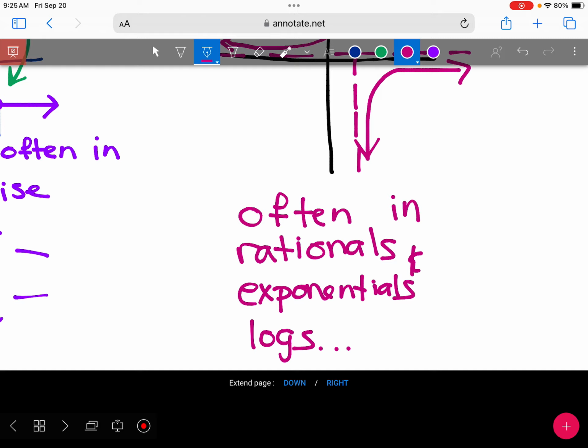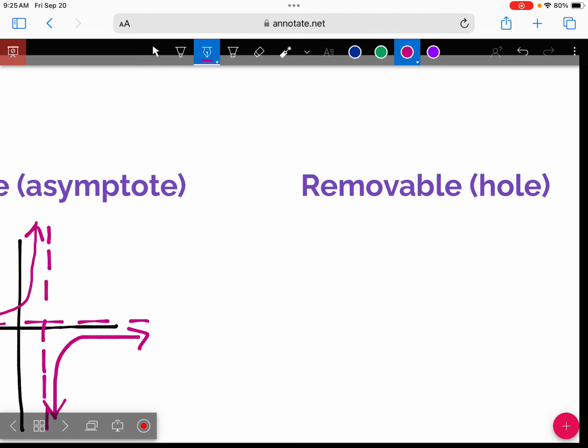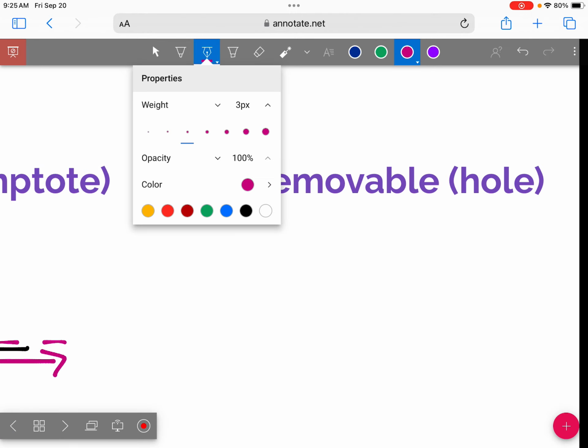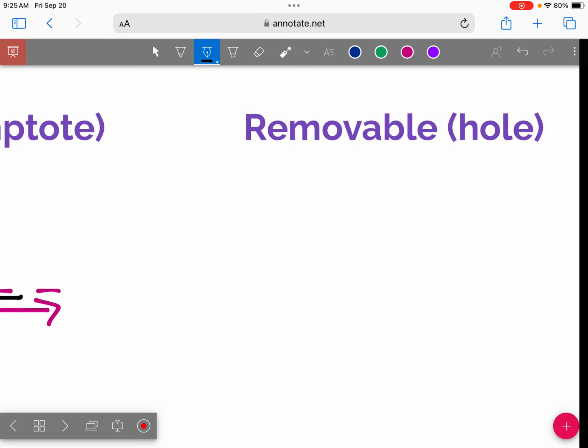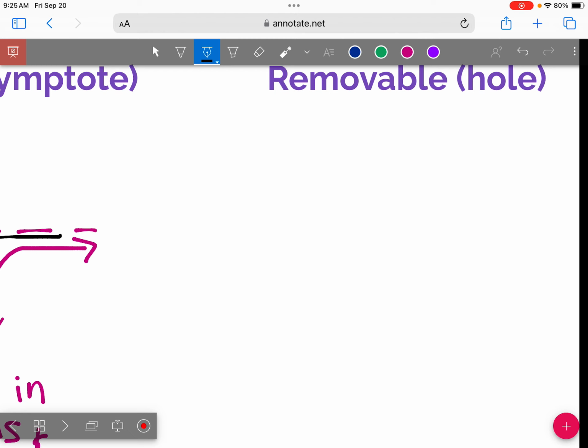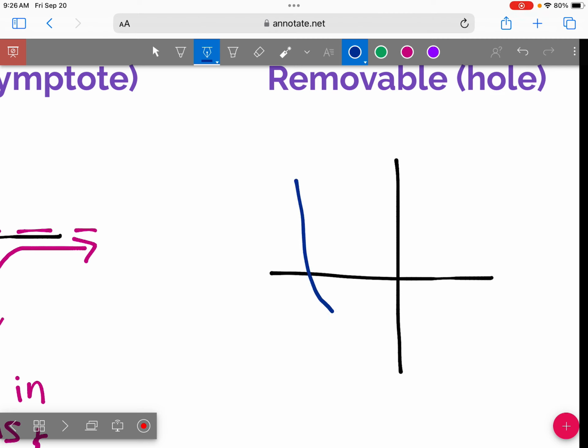And then our last one is our removable discontinuity. That's a hole. Literally, somebody stabbed my graph. So that's going to look like, if I graph it, I'm going to have a function. So we're going to have, I'll do some random cubic. Random function looks kind of like this.